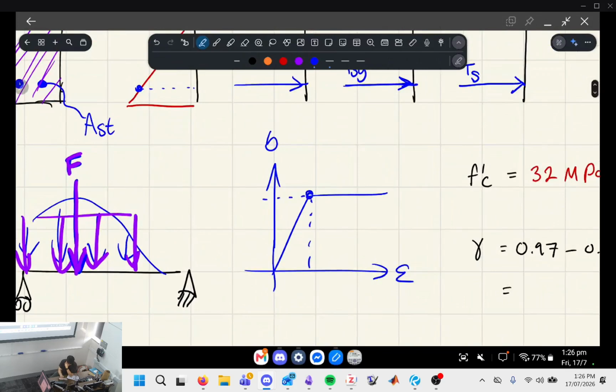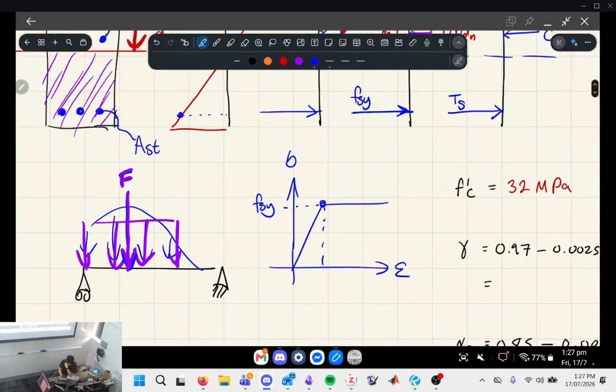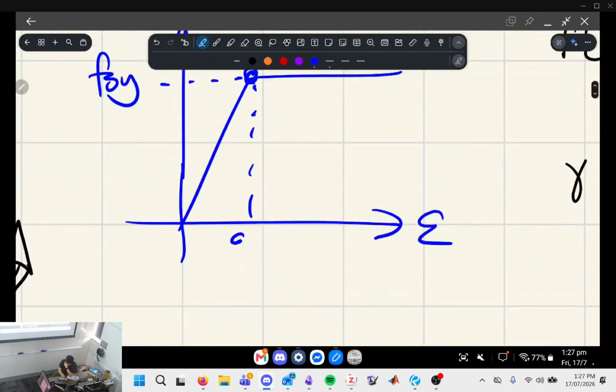This is a known point, right? And it's going to be FSY, the yield strength of the steel. The idea is the tensile steel is going to be assumed to be yielded, okay? And the strain limit which causes it to yield, we're going to call epsilon SY, okay?